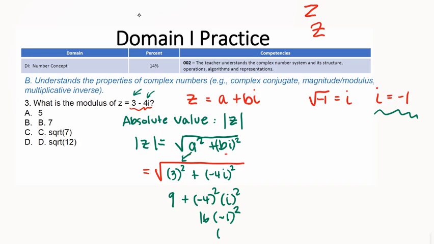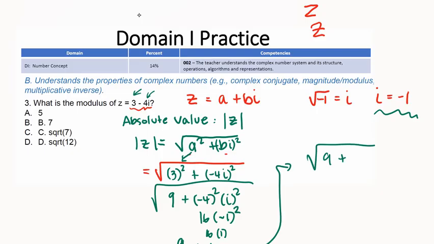So positive 1 times 16 is still 16, plus 9 on the other side. So this is under the square root. Let me rewrite it: square root of 9 plus 16. Help me, what's 9 plus 16? 25.